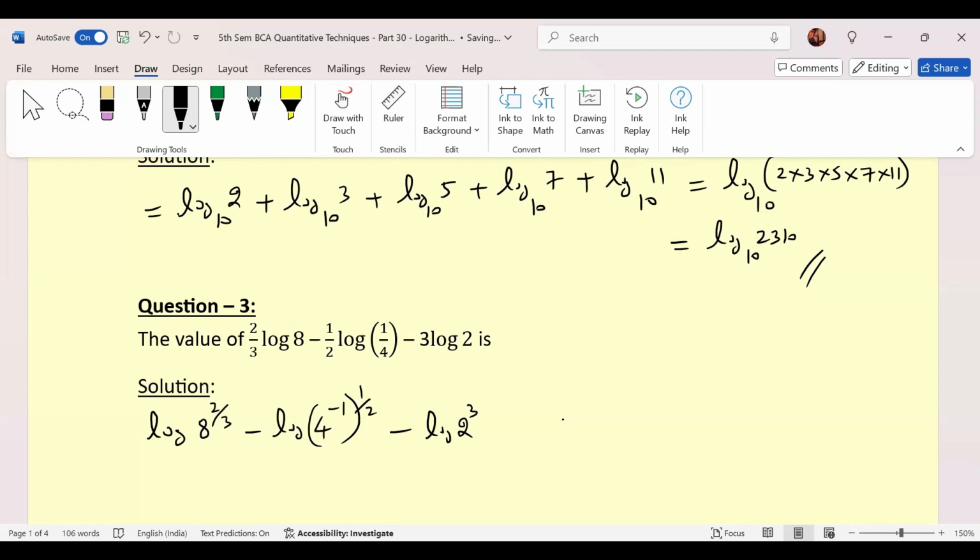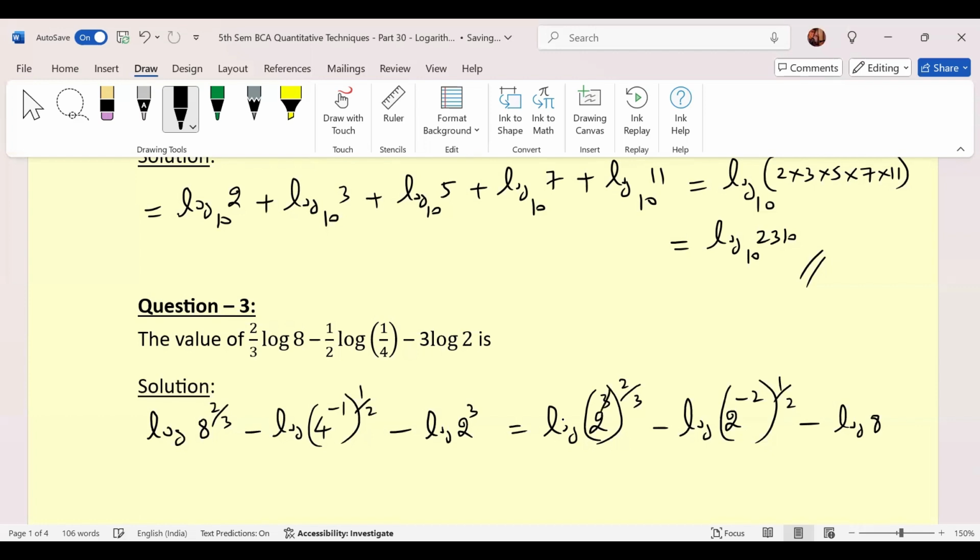So that will be nothing but logarithm of 8, which can be written as 2 cube, to the power of 2 by 3, minus logarithm of this 4, which is nothing but 2 square, and 2 square into minus 1, so it becomes 2 power minus 2, to the power of 1 by 2, minus log of 2 cube, which is log 8.